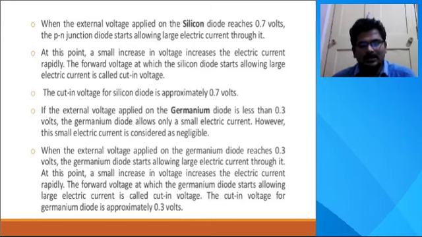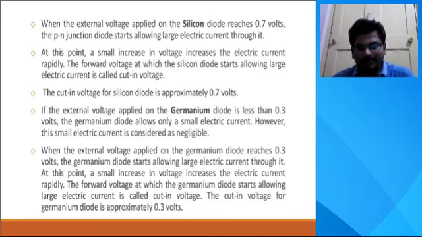If the external voltage applied to the germanium diode is less than 0.3 volts, as we discussed in the last slide, the germanium diode allows only a small electric current. However, the small electric current is considered negligible. When the external voltage applied to the germanium diode reaches 0.3 volts, the germanium diode starts allowing large electric current through it.